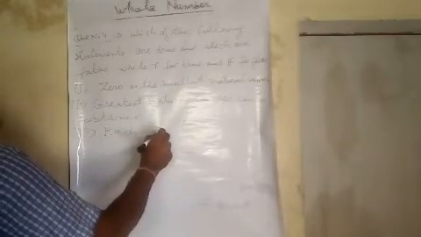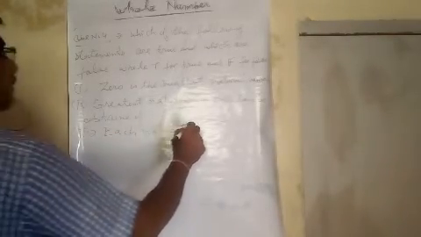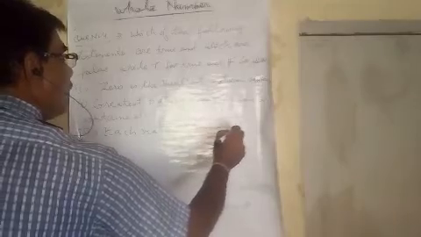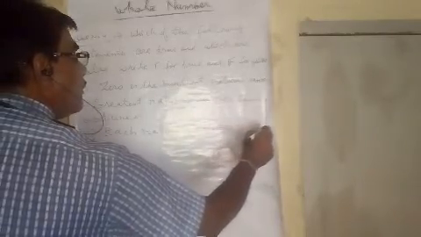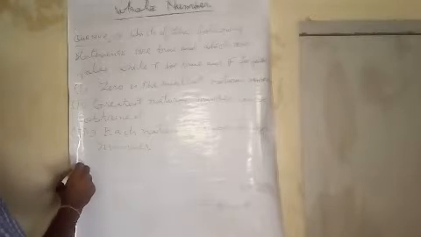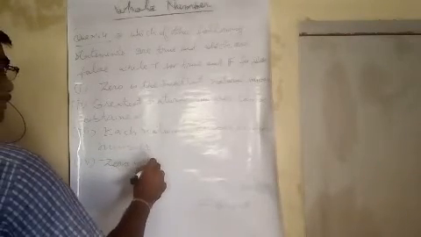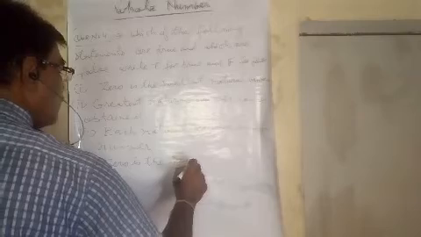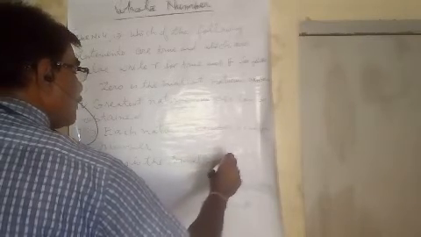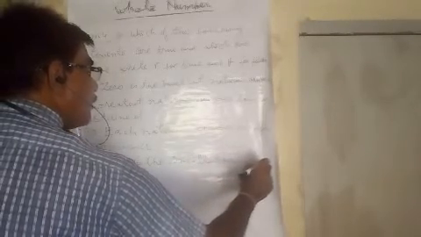Fourth part is, 0 is the smallest whole number.